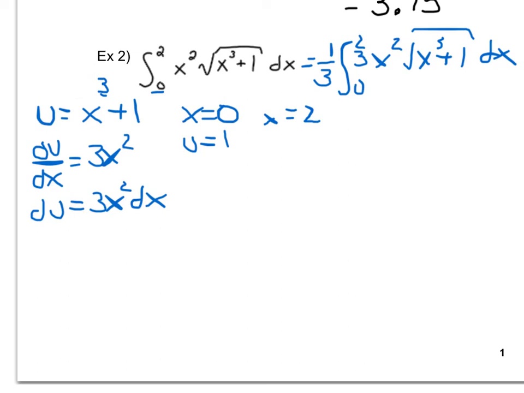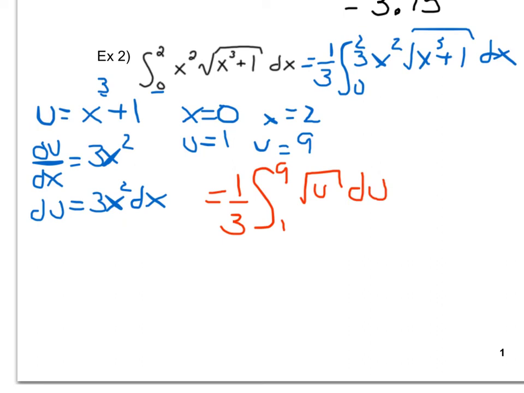Well, 2 cubed gives me 8, so u equals 9. So now I'm going to plug into my integral. So my new integral is now 1/3 times the integral from 1 to 9 of the square root of u du.